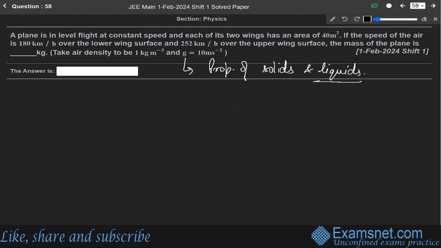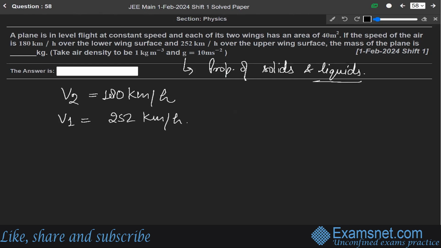Now we are given that the speed of the air is 180 kilometer per hour over the lower wing surface. Means V2 is equal to 180 kilometer per hour according to the question, and V1 is equal to 250 kilometer per hour on the upper wing.